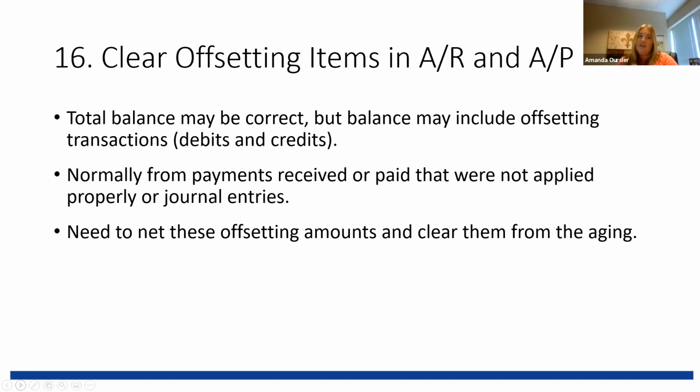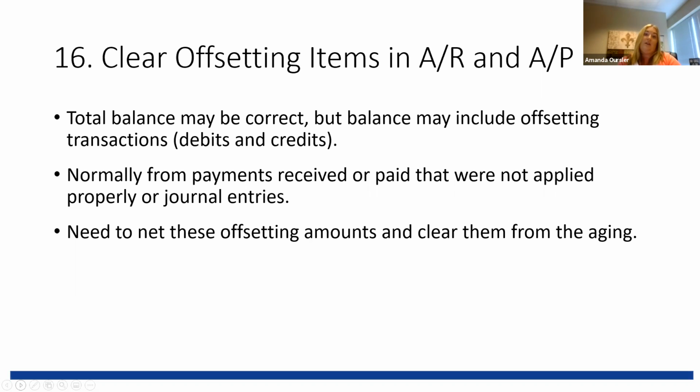The next thing that we see sometimes is in accounts receivable and accounts payable. In total, the balance may be correct, but things aren't matching up. So maybe I sent a customer an invoice or a contributor an invoice for $500.